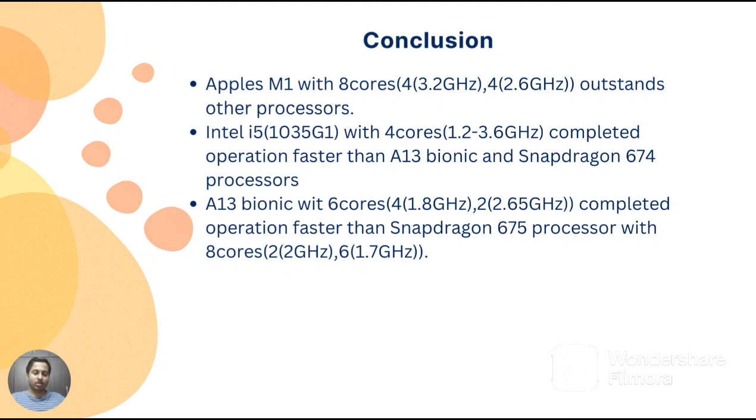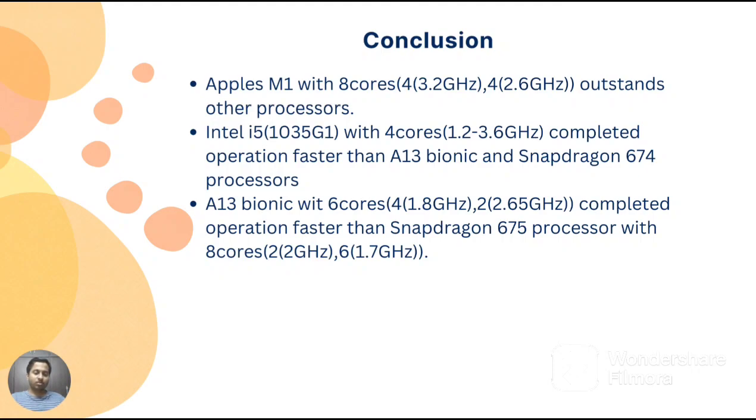And we can list out that Apple outperforms all the processors, so it comes at the top of the list, the i5 processor will be second, the A13 Bionic chip third, and the last is the Snapdragon 675 processor.